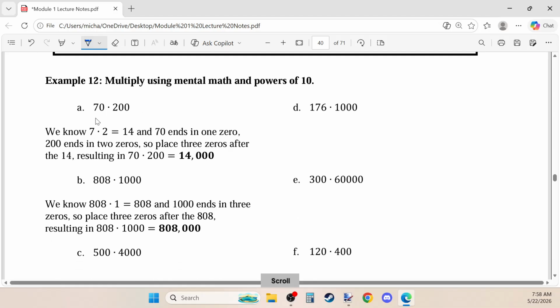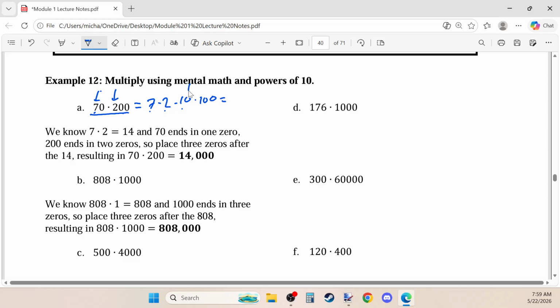So if I want to multiply 70 and 200, this is the same as multiplying 7 and 2. And since this is in the tens place, I have a 10 here. And since this is in the hundreds place, I have 100 here. 70 times 200 is the same as 7 times 2 times 10 times 100.